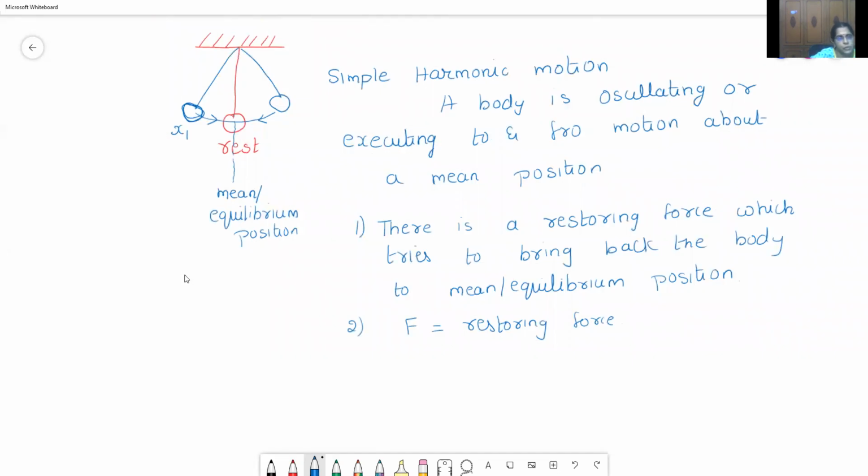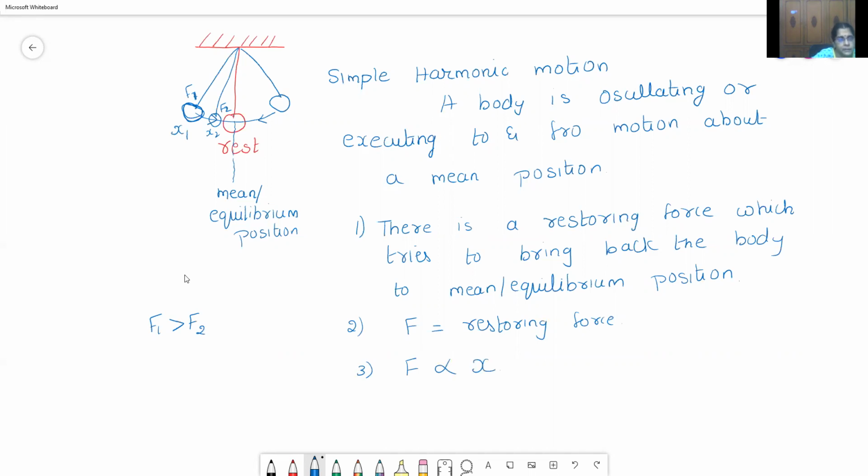Now this restoring force, what happens? It is directly proportional to the displacement. If the pendulum is in the x1 position, it is going to have F1 restoring force. If the pendulum is in the x2 position, it is going to have F2 restoring force. So F1 is greater than F2. That means this restoring force F is directly proportional to the displacement.